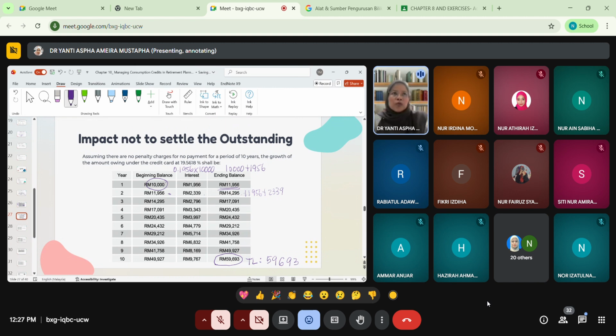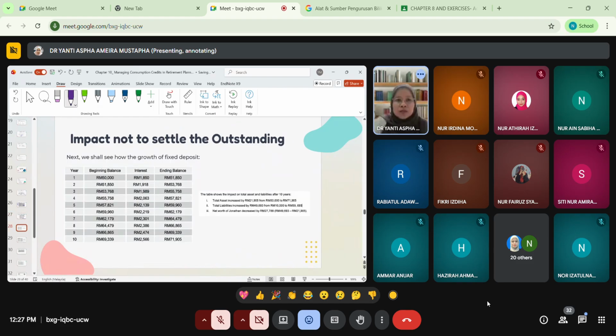So what about the FD from earlier? Now the impact, if he says he's not going to settle the payment, assuming there's no legal action taken, he is still safe. So now he has an FD totaling 50,000 ringgit, and the interest rate is 3.7%.